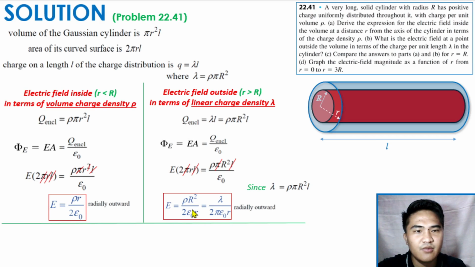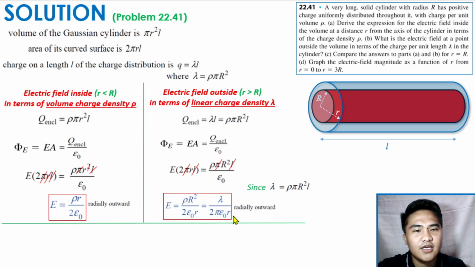Now, since the problem requires us to solve the electric field outside in terms of linear charge density lambda, we will substitute the value. Since lambda is equal to rho pi big R squared, we will substitute rho here, and we will get this expression.